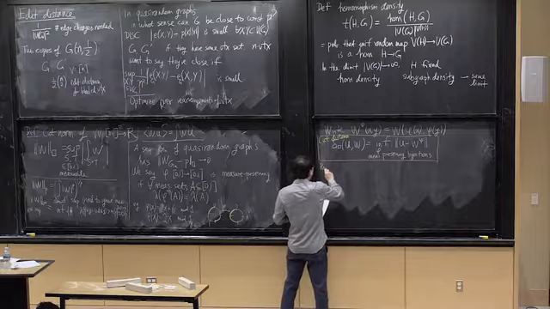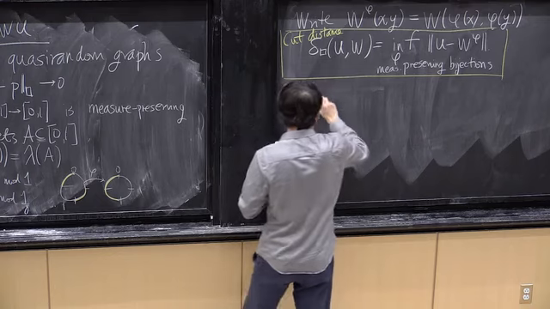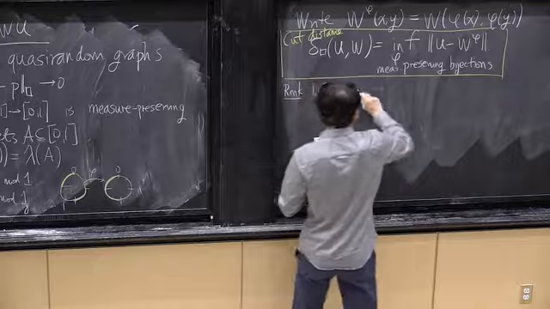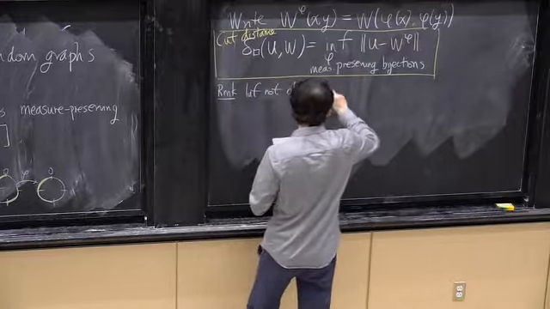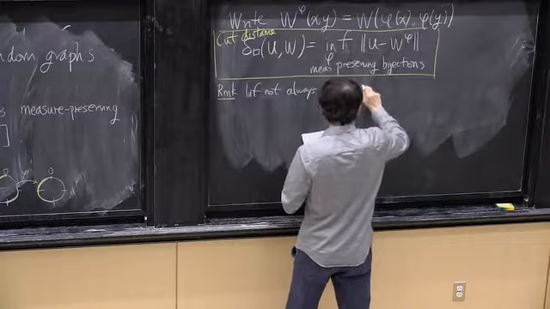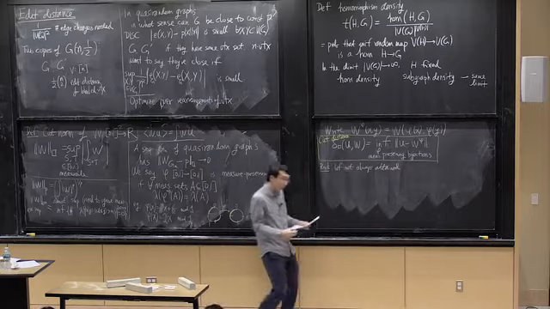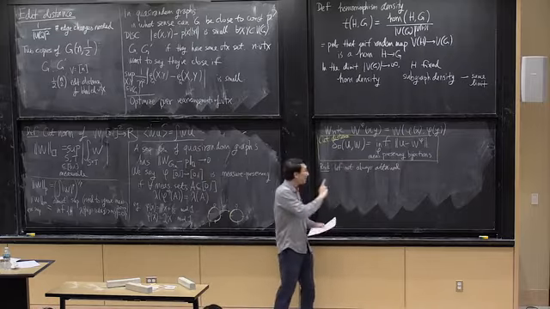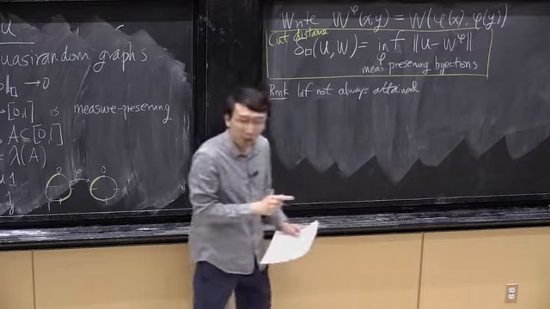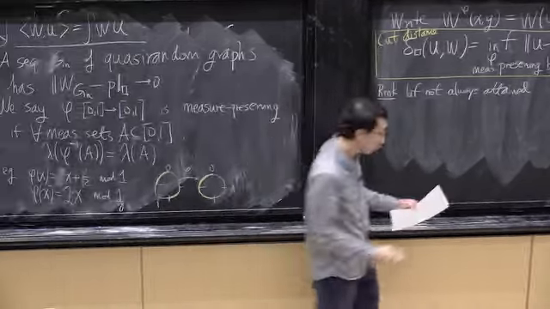So this inf is really an inf. It's not always attained. And actually, you can create an example for why inf is not always attained from the discussion over here.